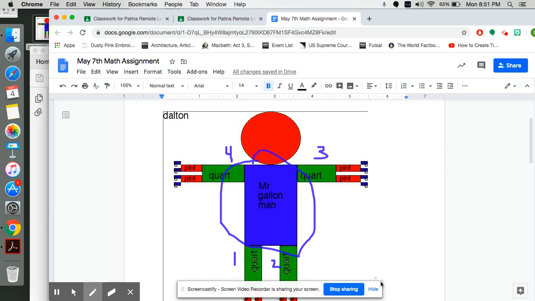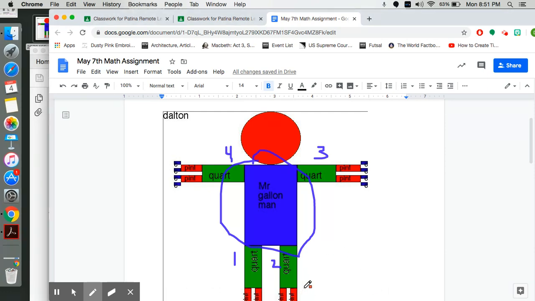Also branching off from the arms, we have these pints, which is our next smallest unit, and I'm going to do them in another color. I'm going to do pink. And let's see how many pints in a gallon. We've got 1, 2, 3, 4, 5, 6, 7, 8.